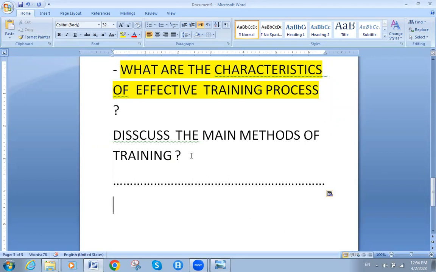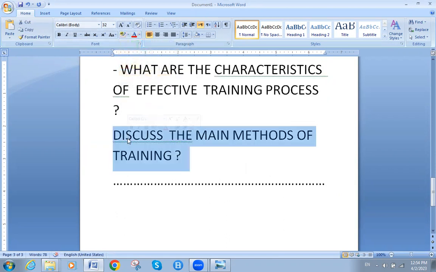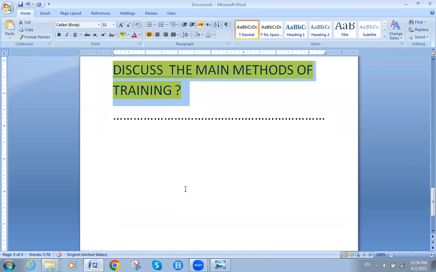This is the question which I want. Discuss is spelled with only one S, sorry about that. Here I will highlight this question, and the color means we are working on this question right now: discuss the methods of training.